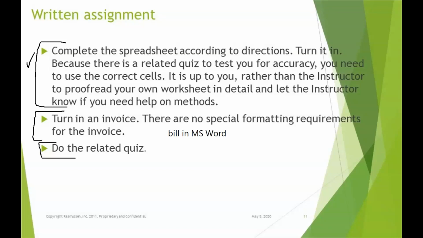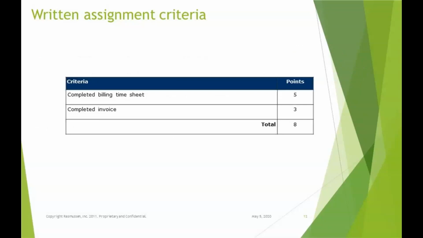And if you have to do something again, let me know. You can put in 2 tries on the spreadsheet and the invoice if you have to. Completing the billing timesheet is worth 5 points, and completing the invoice is worth 3 points.